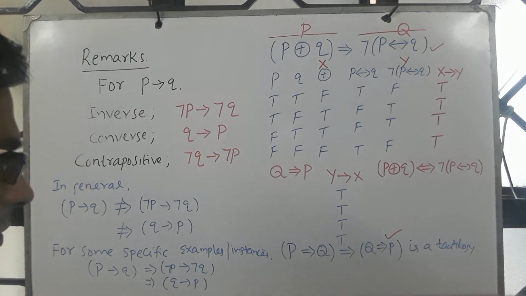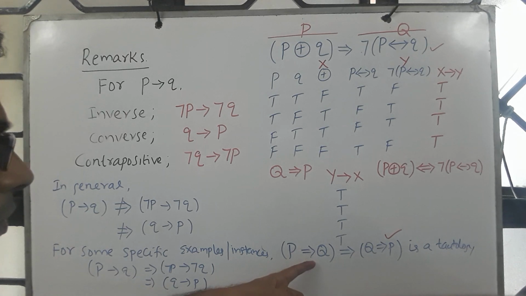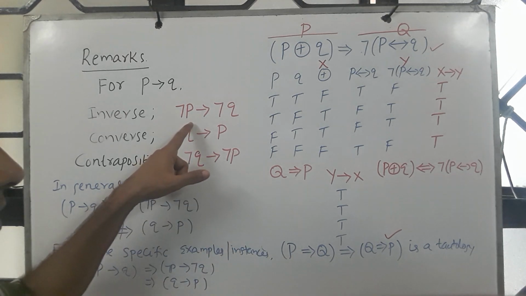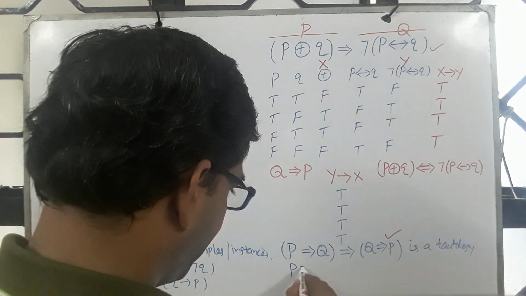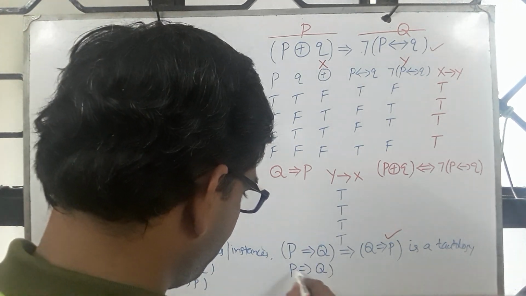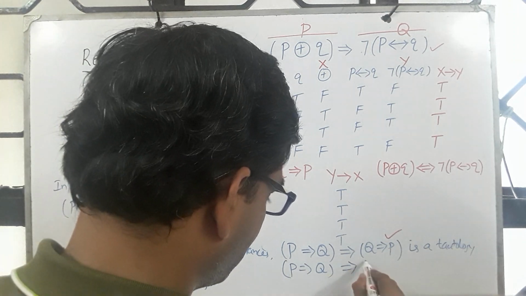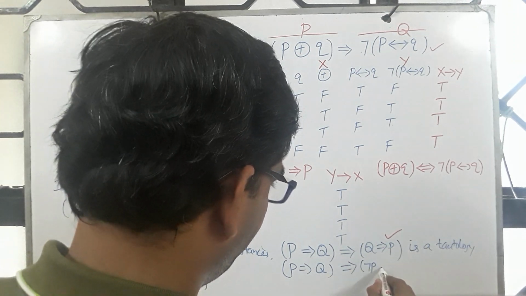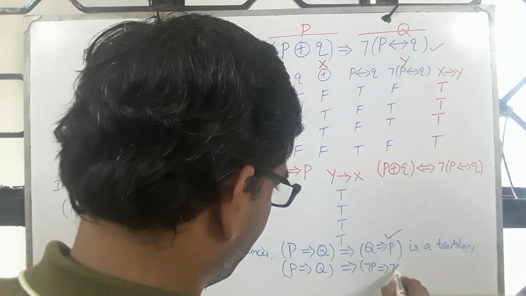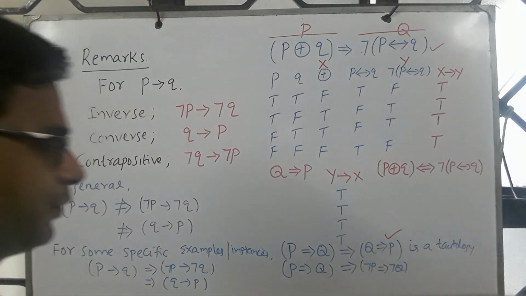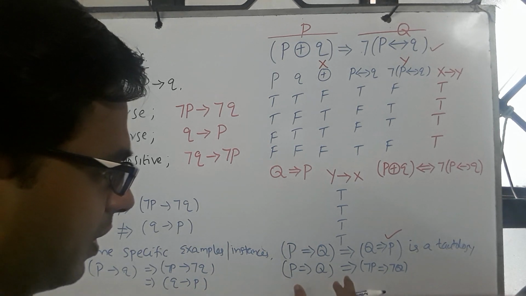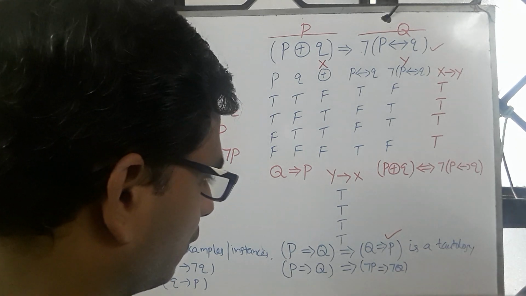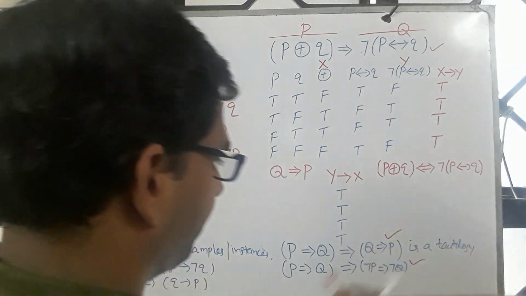And one can also establish that P implies Q implies the inverse also. So you can verify that P implies Q implies negation P implies negation Q. Okay, so you can also verify that this one is also true.